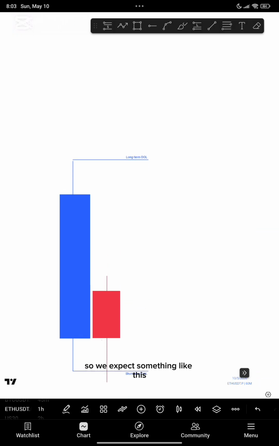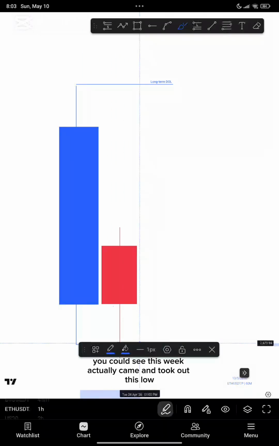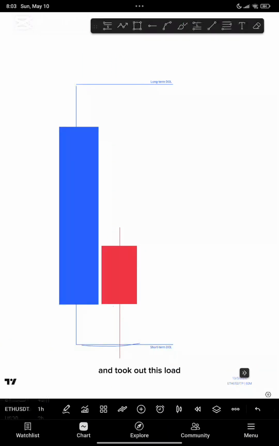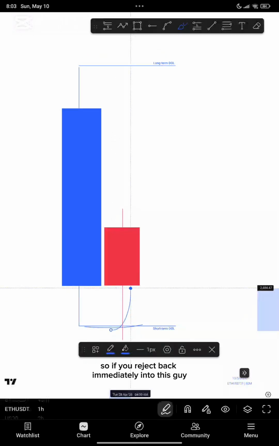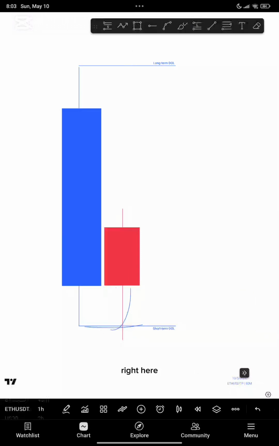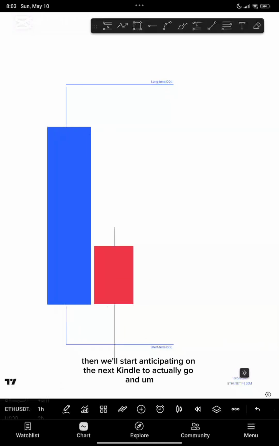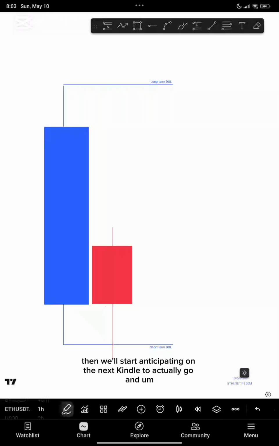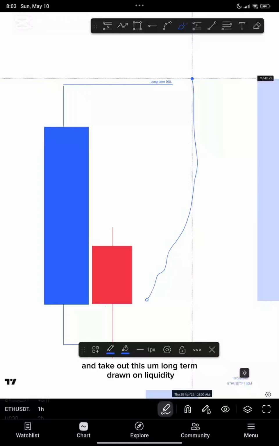You could see this wick came and took out this low, then we rejected back immediately into this. If price rejects back immediately and closes with this rejection right here, then we'll start anticipating the next candle to go and take out this long-term draw on liquidity.